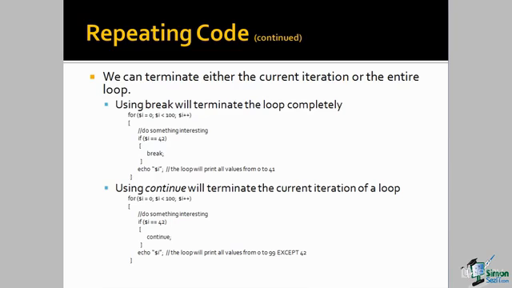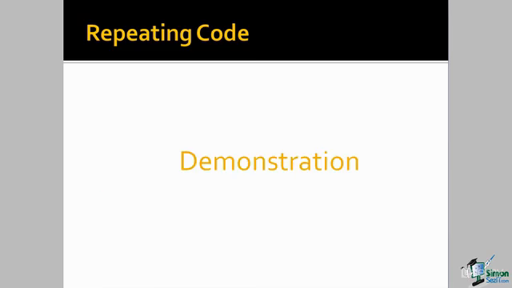The break statement says, just terminate this loop and get me out of here. And when it says get me out of here, it takes us to the next line of code following the close of the loop block. But it terminates the loop. The continue keyword, on the other hand, terminates the current iteration, keeps you in the looping construct, but just terminates the current iteration. So let's see how this works in code.